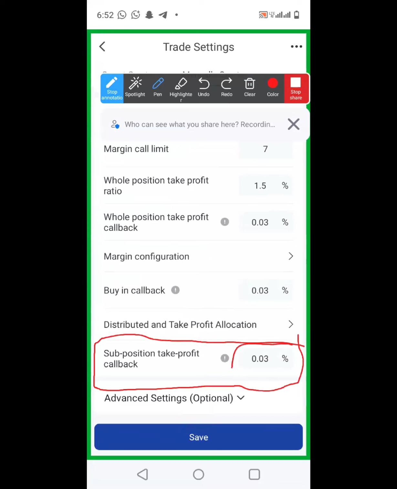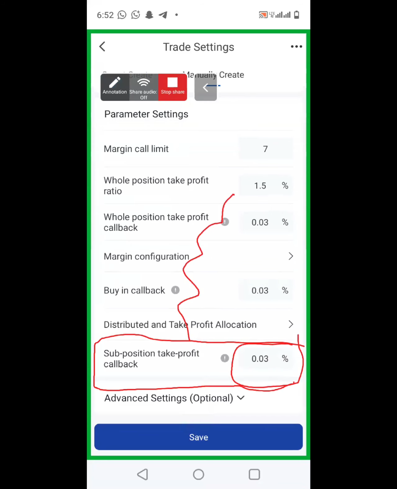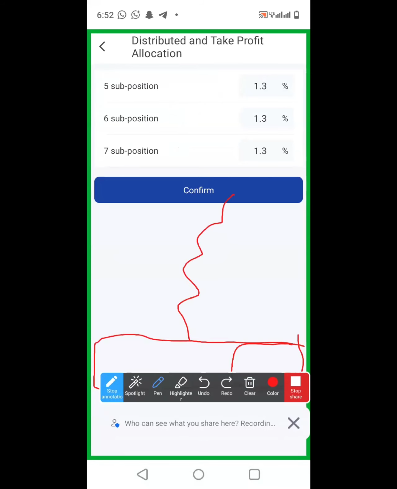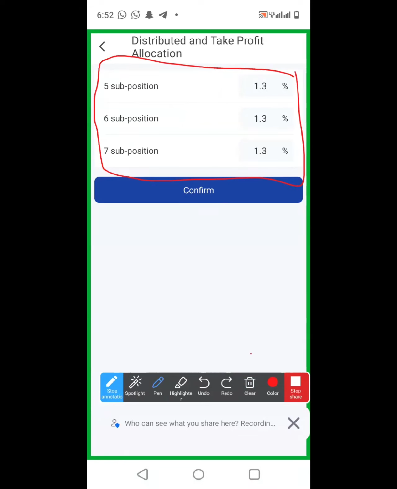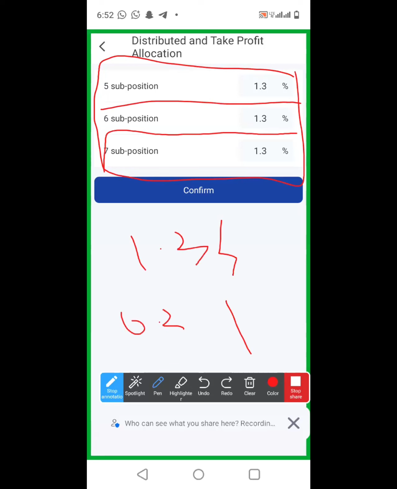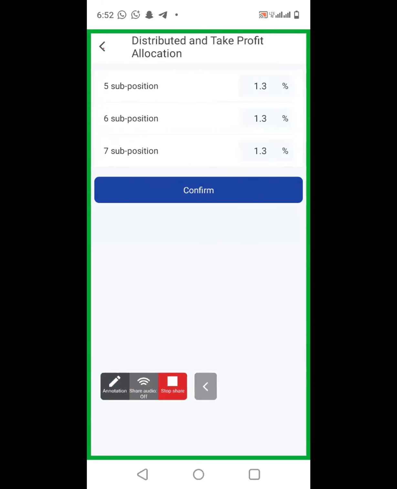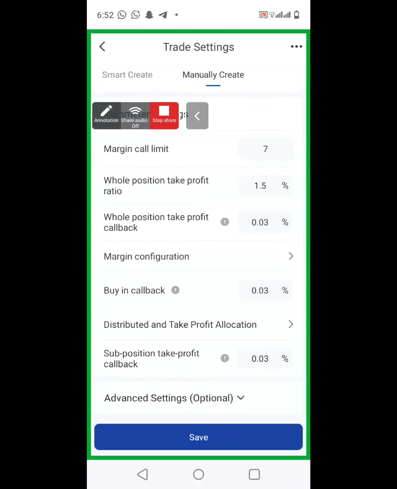So this one simply means that if the robot forgets itself as the market is pumping, and we've already set our profit here, that once it hits supposition 7, 6, or 5 and gives us 1.3%, should in case the robot forget itself and the market drops to 0.3, the robot should pick this profit for you.